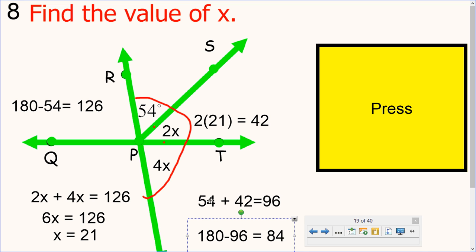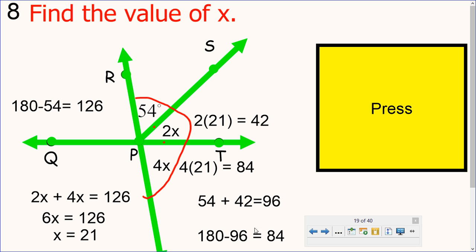That's one way of checking it, but I can now do 4 times 21, which is the x value we found. 4 times 21, guess what that equals? 84. So I do know that this angle is equal to 84.